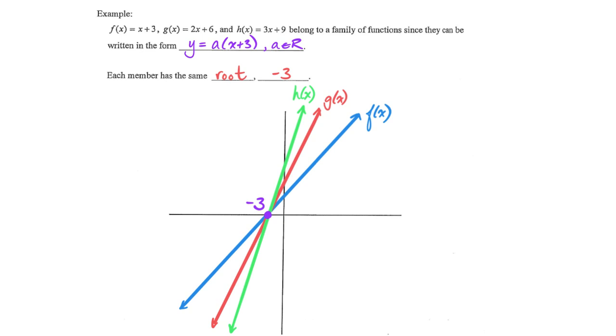If F was x plus 3, then it has an x-intercept at negative 3. But my G was now 2 times x plus 3. What that means is that an a value multiplied out in front of my function is going to provide a vertical stretch for that function.